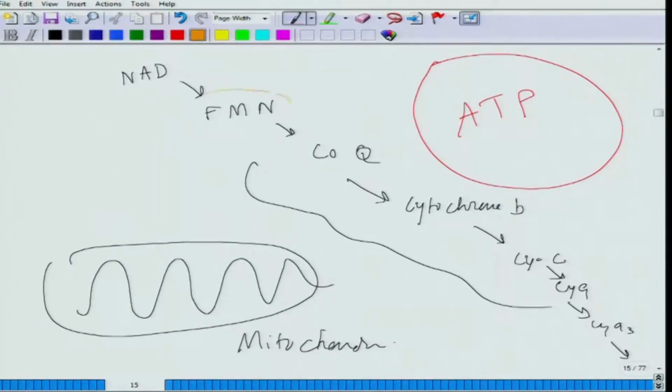Some of these things I haven't already discussed. FMN is basically flavin mononucleotide. And these are coenzyme A, coenzyme Q, and different other factors which are involved in this whole process.